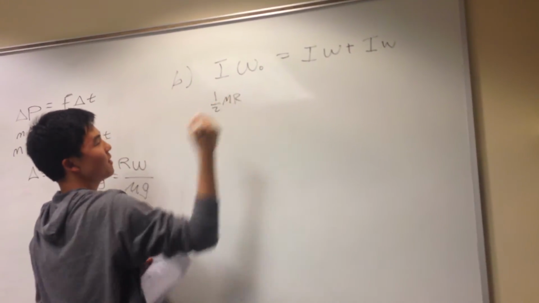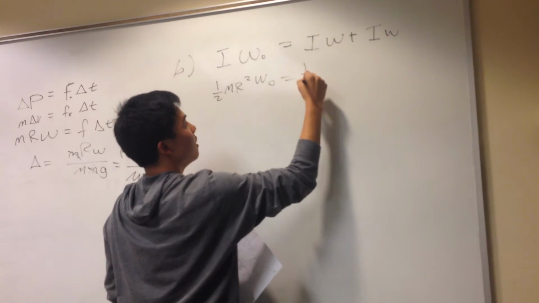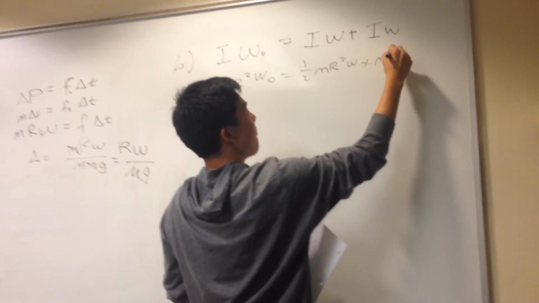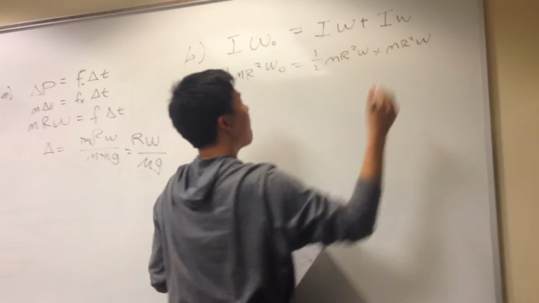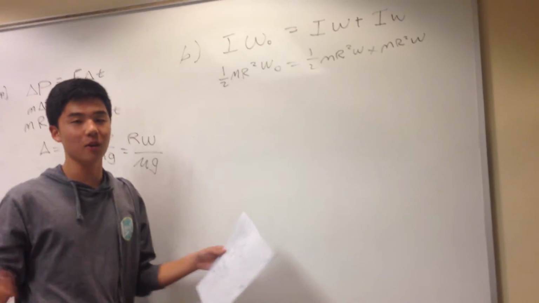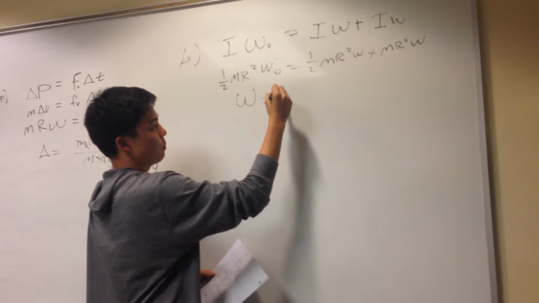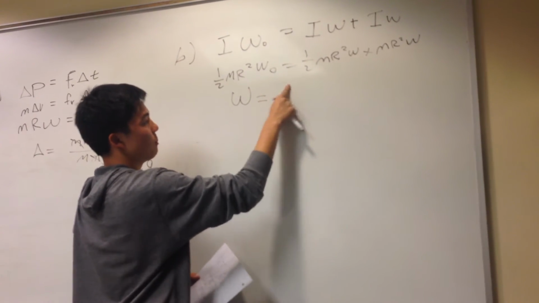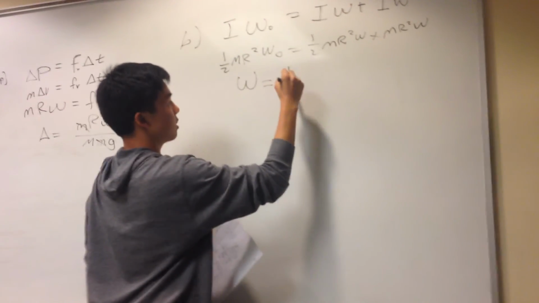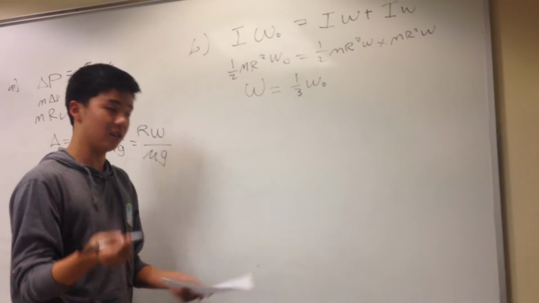Then we know that the moment of inertia of a disk is 1/2 mr squared. So we're going to solve for omega. I'm going to skip all the steps of algebra, but after you do the algebra, you'll get omega equals 1/3 of omega initial.